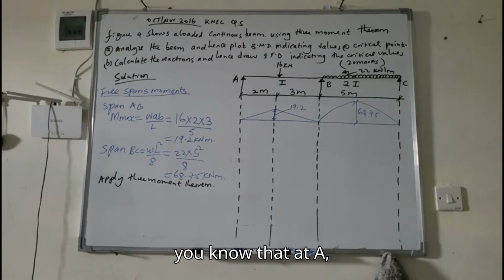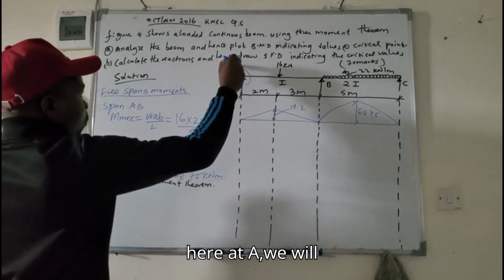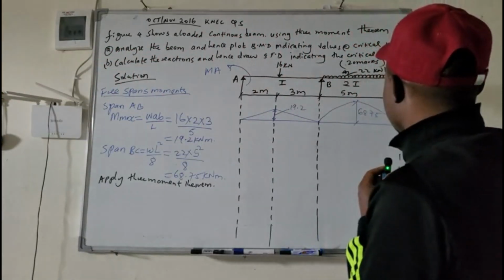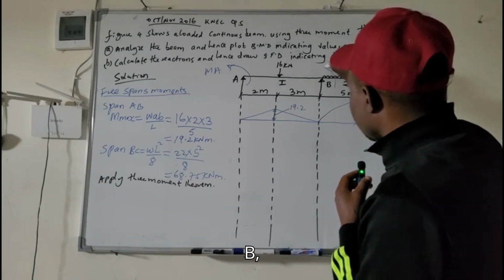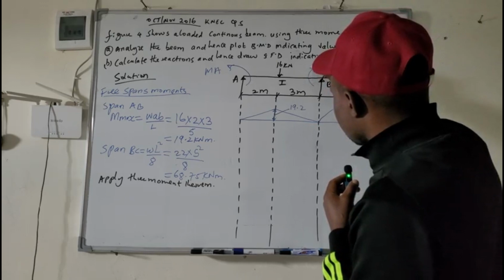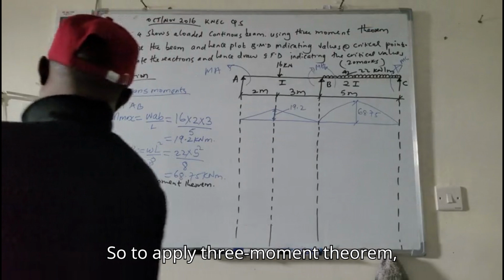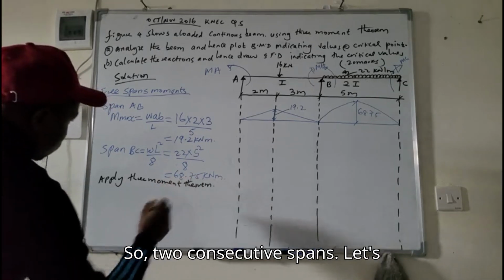We know that here at A we will have moment A, here at C we have moment C, and here at B we have moment B. To apply the three-moment theorem, we will consider two consecutive spans.